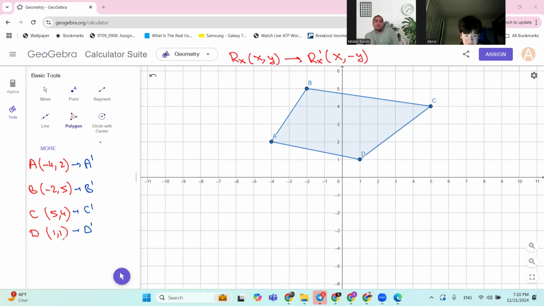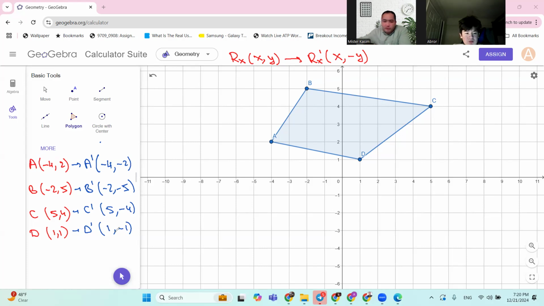A prime is the image of A under the reflection over the x-axis. This is how we express it. A lot of students don't know how to express this. That's the problem here. So I just need to multiply the y coordinate by -1. It will be (-4, -2), (-2, -5), (5, -4), and (1, -1).